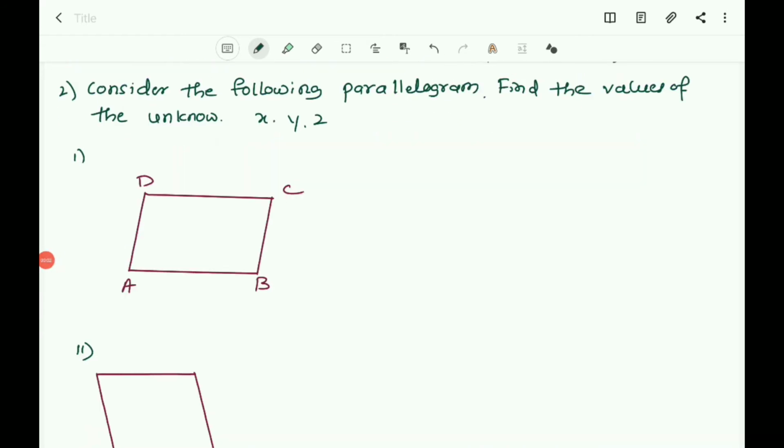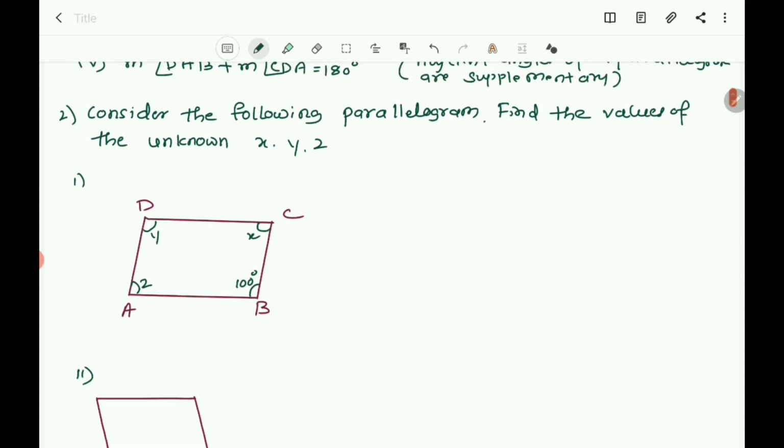The second question, consider the following parallelogram. Find the values of the unknown x, y, z. In the parallelogram ABCD, here angle B is given, that is 100 degree, and angle C is taken as x, angle D is taken as y, and angle A is taken as z.